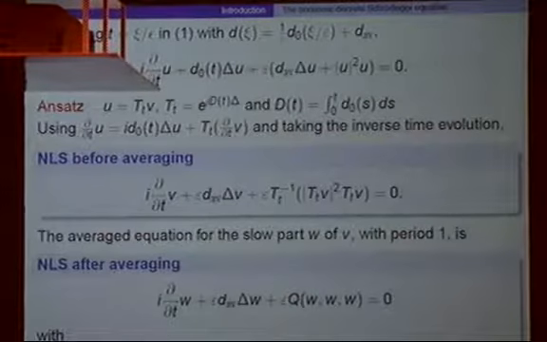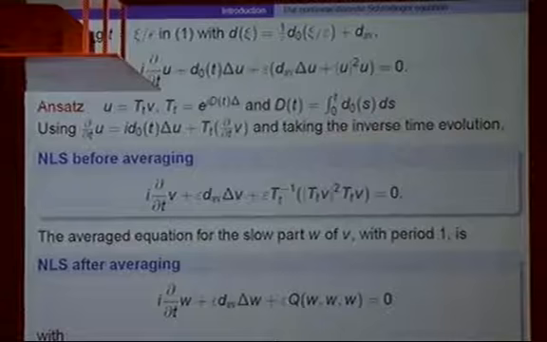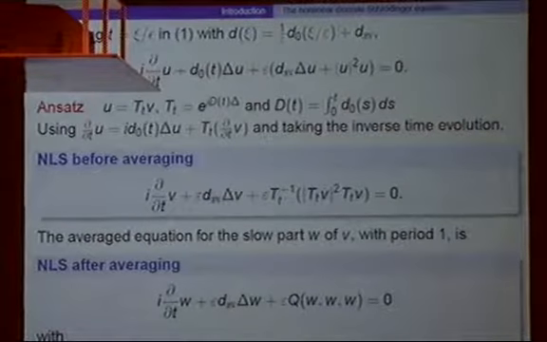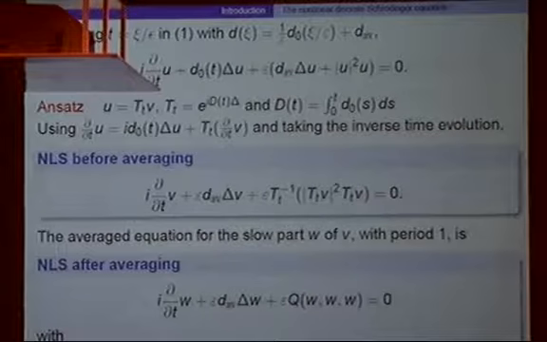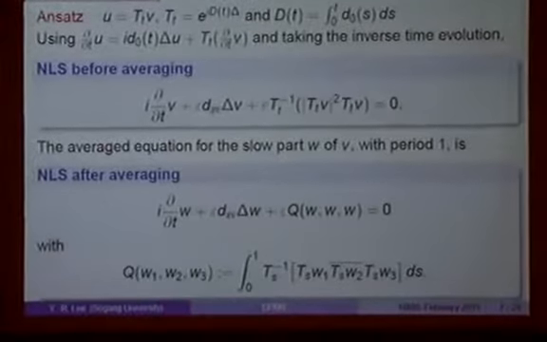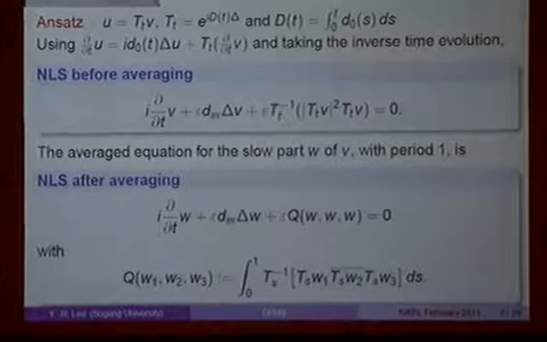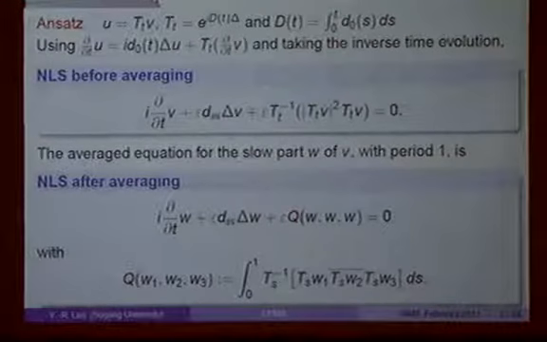And this is the equation we really want to learn, but it is very hard to study. So what people do is employ an averaging process. Instead of using this itself, integrate it over one period in t, and let's say the period is 1.